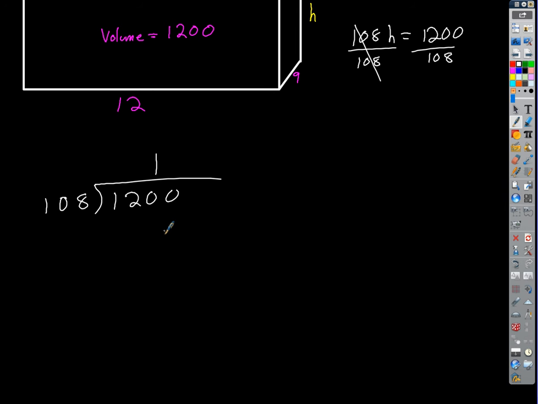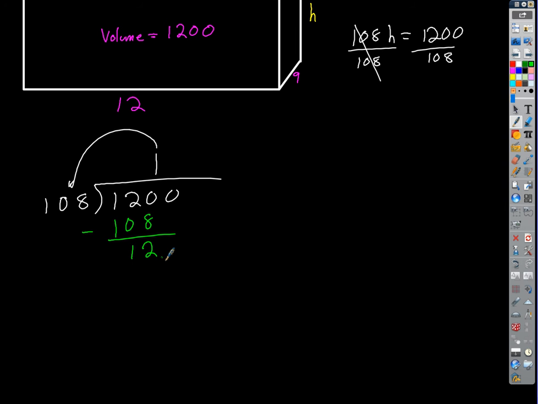I've got to multiply. Once I get a digit up here, I multiply that digit by what's out front, and I get 108. Then I subtract that whole thing, and I end up getting 12.